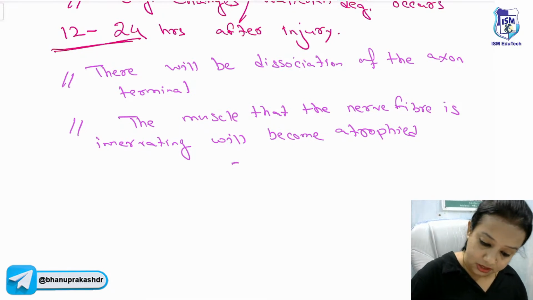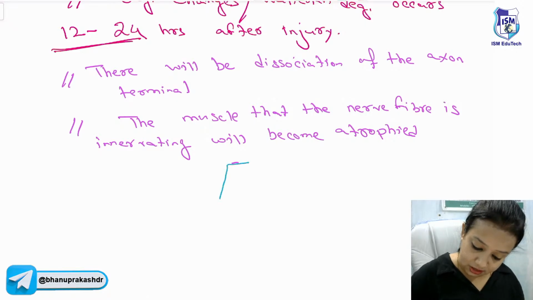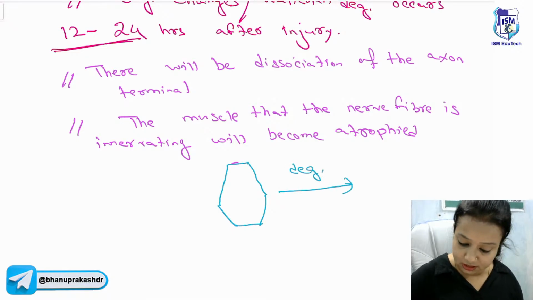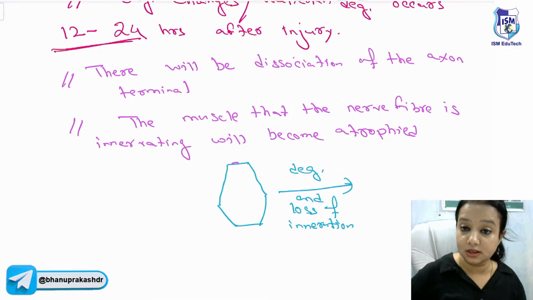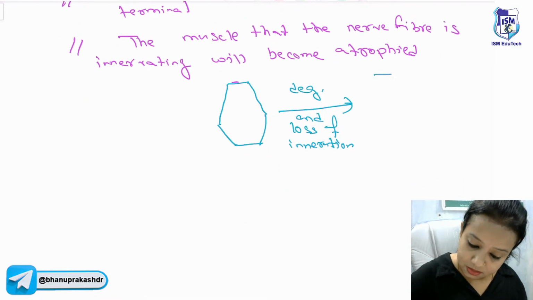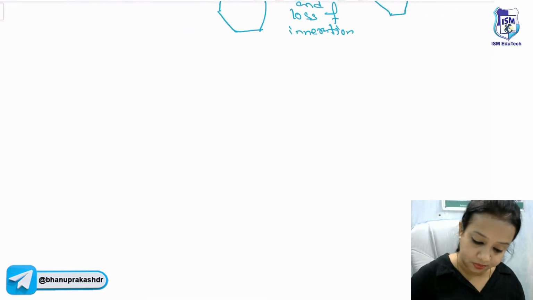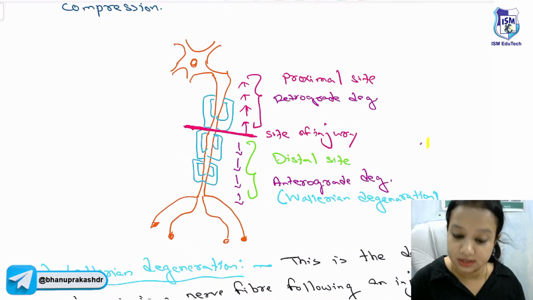Like if the muscle that this nerve fiber was innervating was like this, after degeneration and loss of innervation, because the nerve fiber has degenerated, the muscle will shrink in size. Now this is what has happened in the distal site, the Wallerian degeneration.